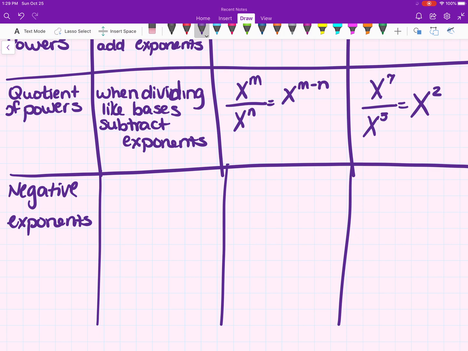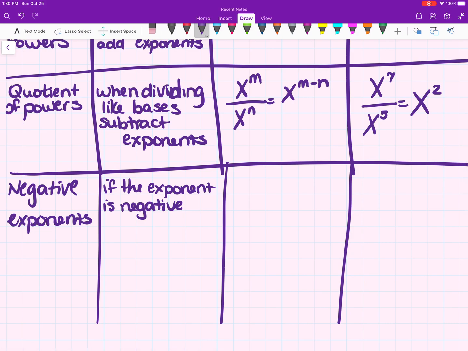If the exponent is negative, you can move it from the numerator to the denominator, and that'll make it positive.